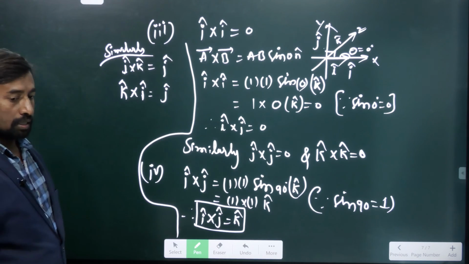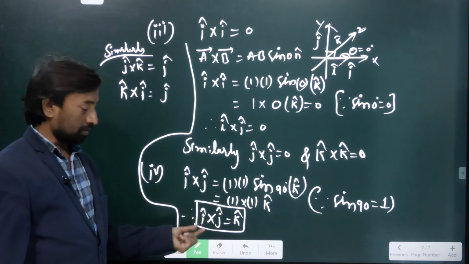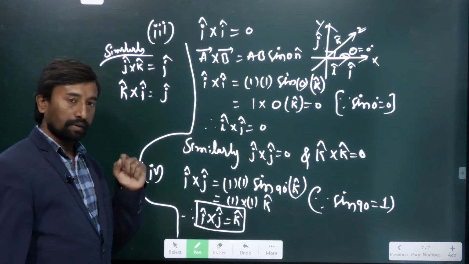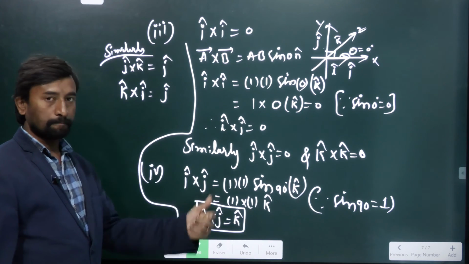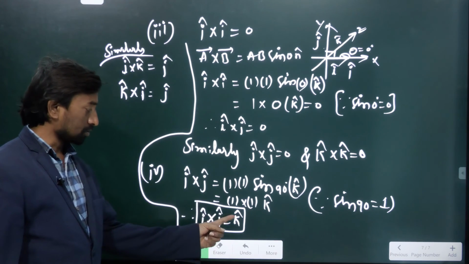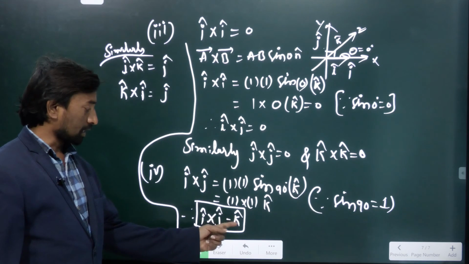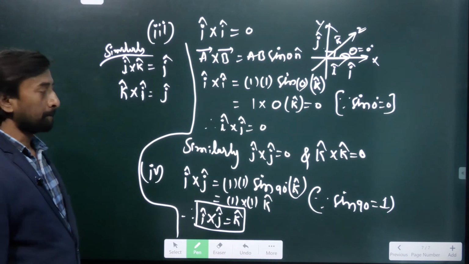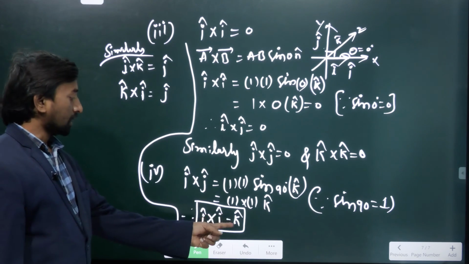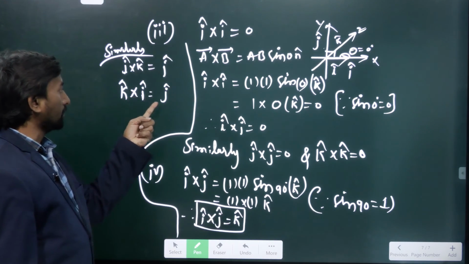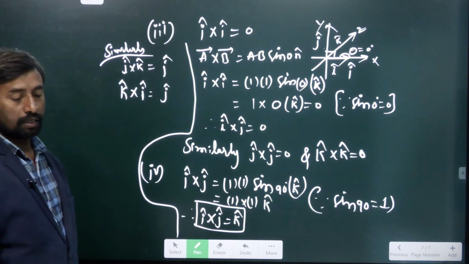Okay, it is a rotation continuation. See here, i cap cross j cap is k cap, in the order i, j, k. Next, j cap cross k cap is i cap. Next, k cap cross i cap is j cap. Okay.